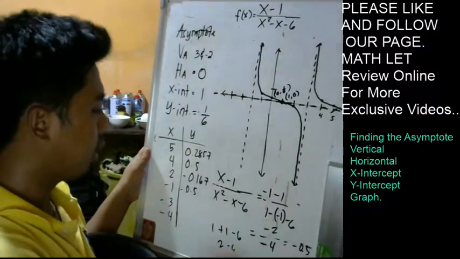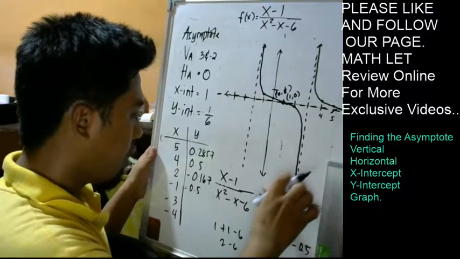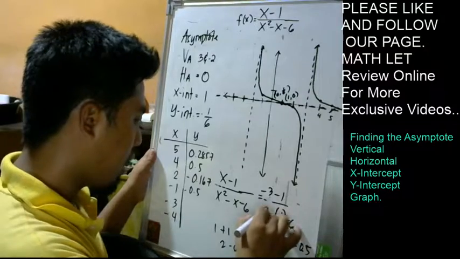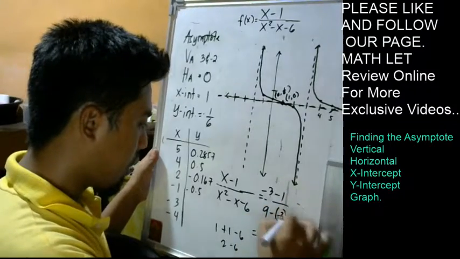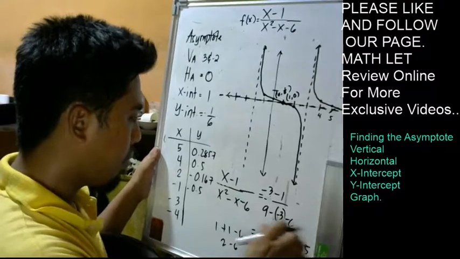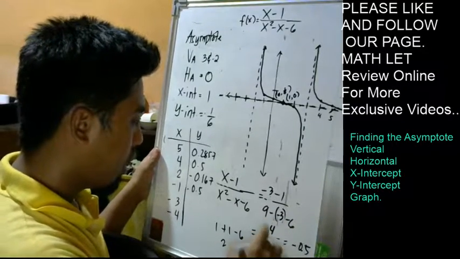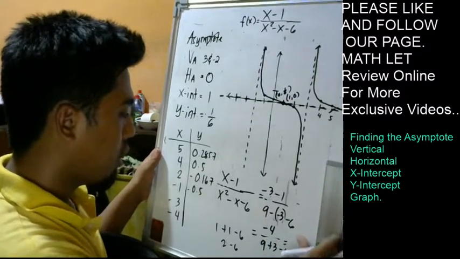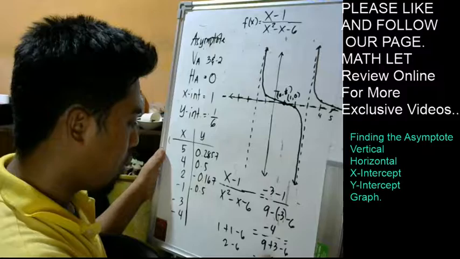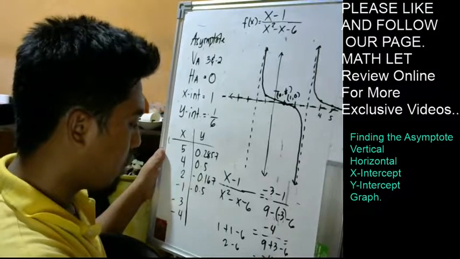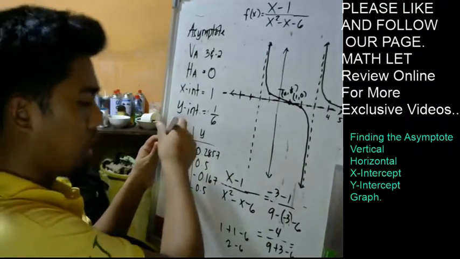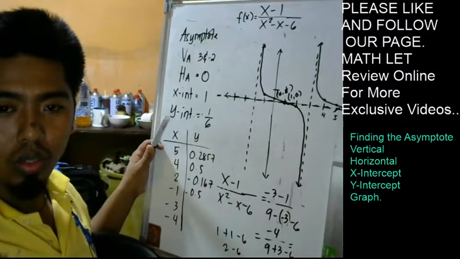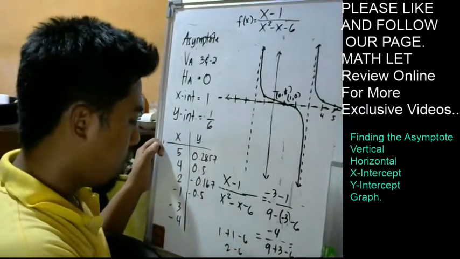Now let's continue with negative 3. Negative 3 squared is 9. So it will become negative 3 minus 1, which is negative 4, over 9 plus 3 minus 6. 12 minus 6 is 6, so negative 4 over 6. 4 divided by 6 is 0.6667, negative.